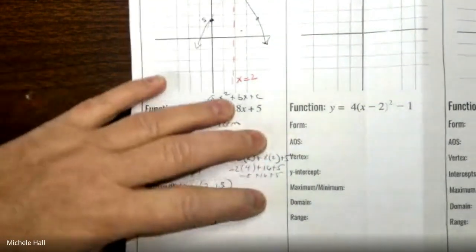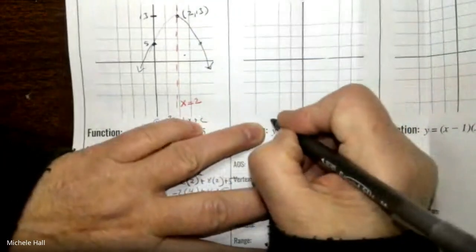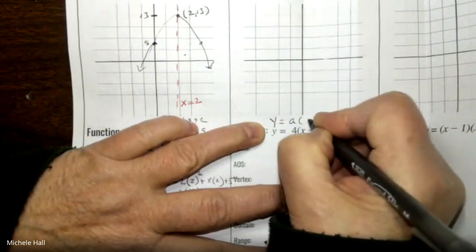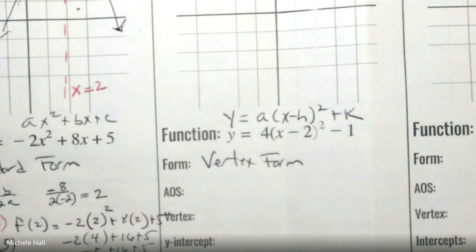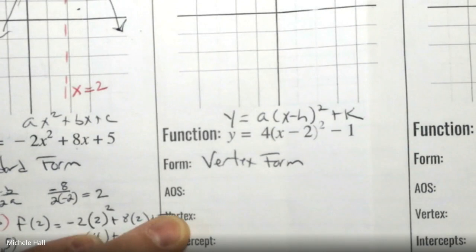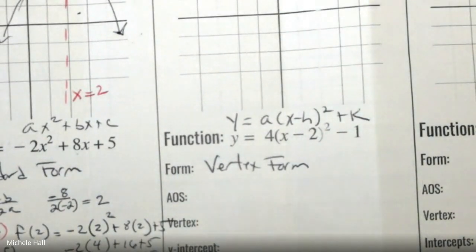What form is the next one in? This is vertex form. So that would be y equals a times (x minus h) squared plus k. Now finding the AOS for vertex form is different. What might be the first thing I want to look for then? It's called vertex form. I should look for the vertex.